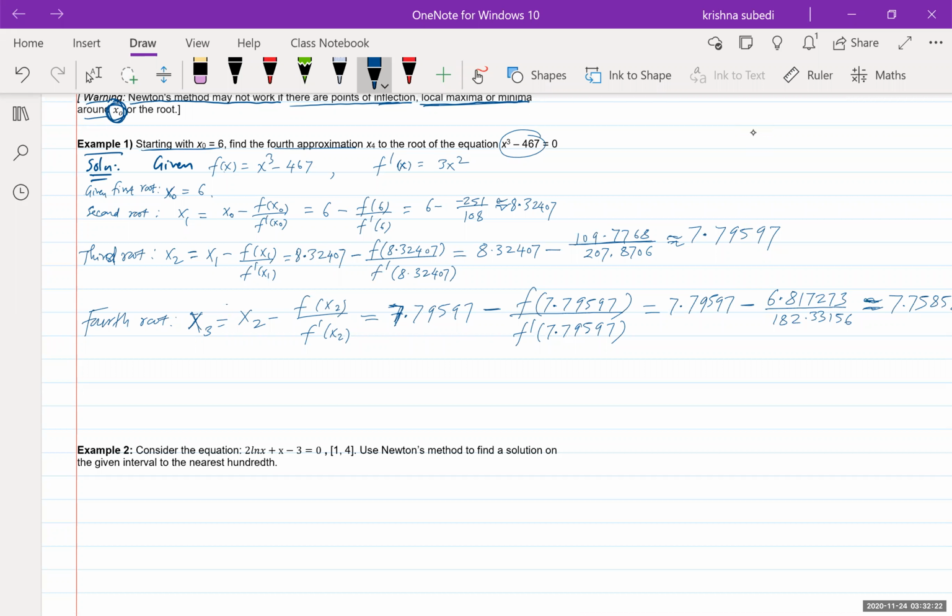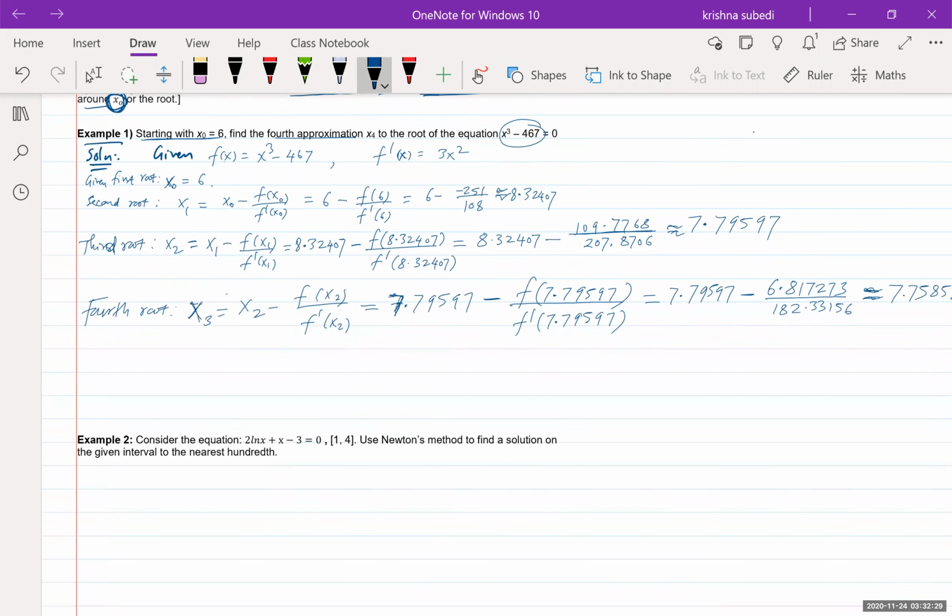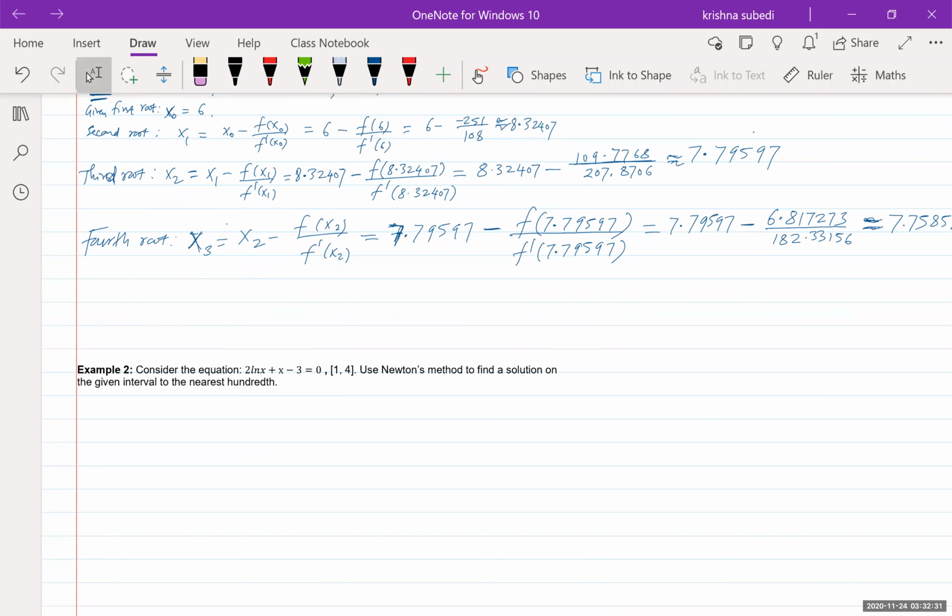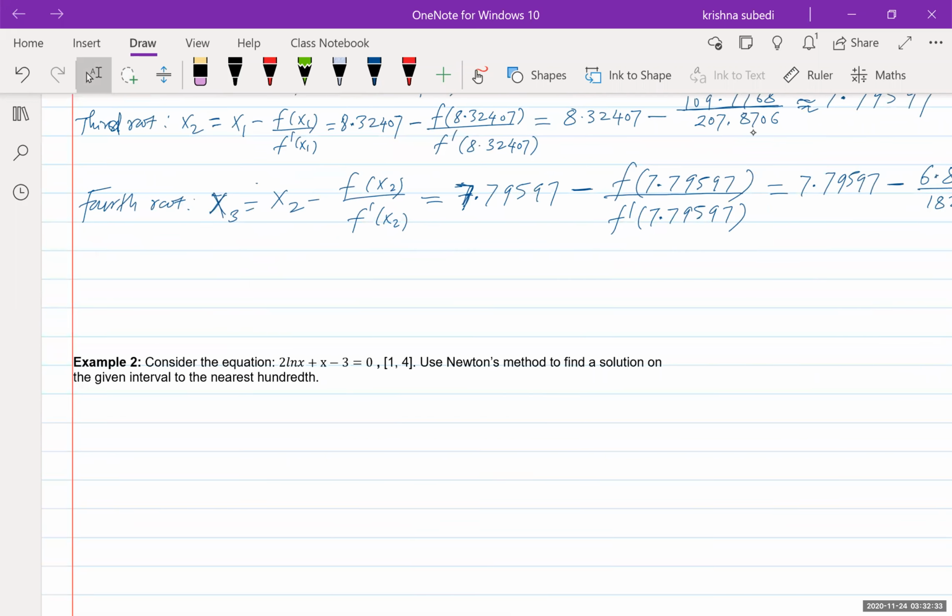Okay, so if you know how to do this example one, the concept is pretty much same. So you will be able to solve all the other problems, but let's try a few more questions just for fun. Here is example two. Consider the equation. Okay, so the given function here is 2 ln x plus x minus 3.